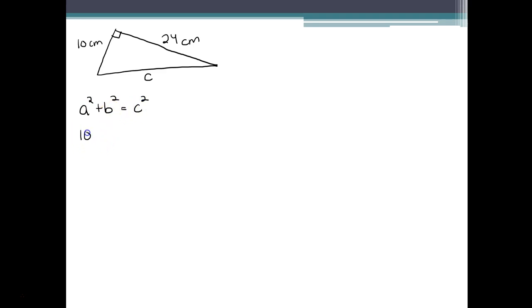So 10 squared plus 24 squared equals c squared. 10 squared is 100 plus 24 squared, I don't know offhand what it is, 576, next to my trusty calculator. 576 plus 100 is 676.